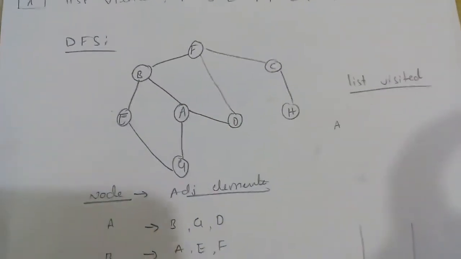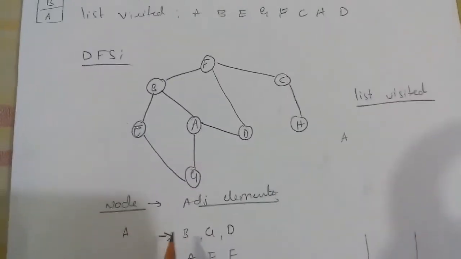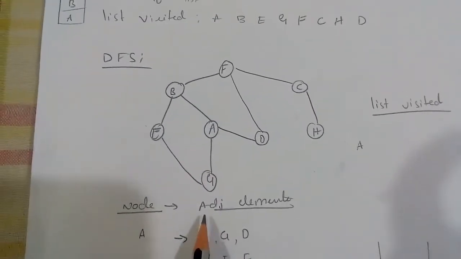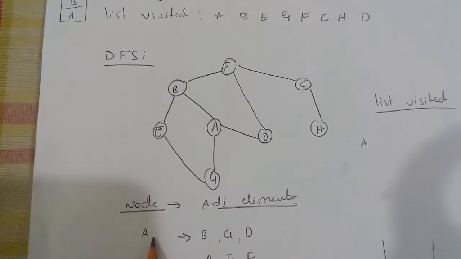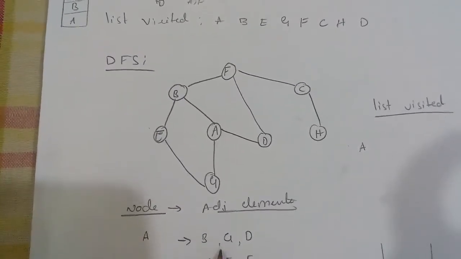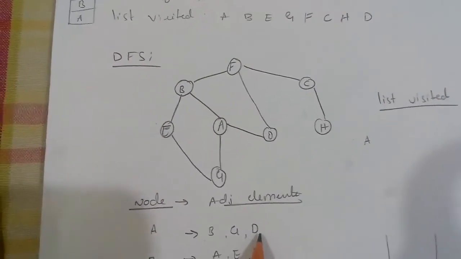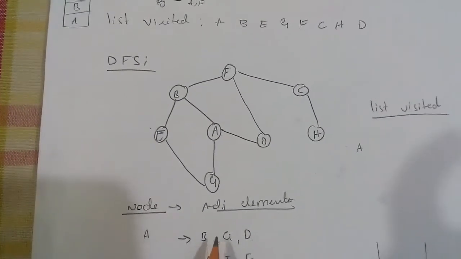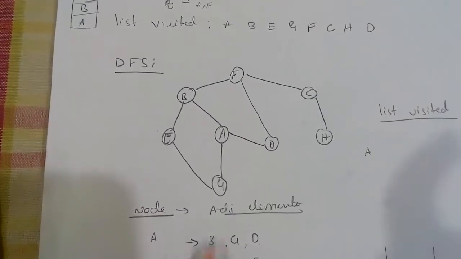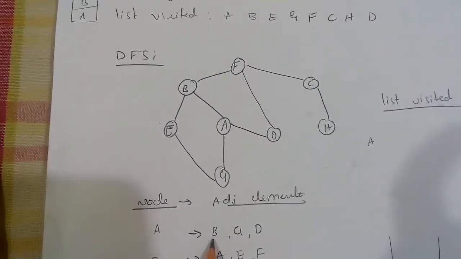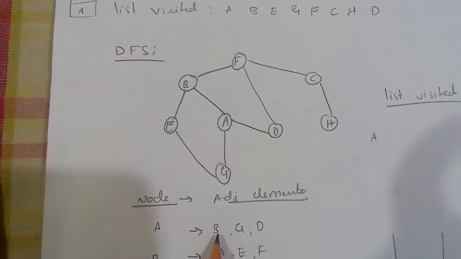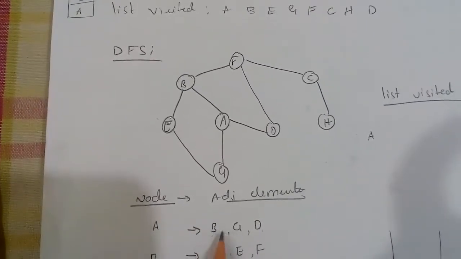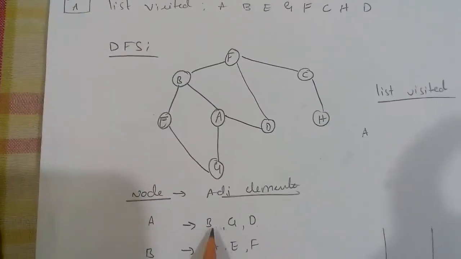The adjacent elements for node A are B, G and D. The one that is alphabetically closer to A is B. So now vertex B is pushed onto the stack and it is also added to the list as visited.